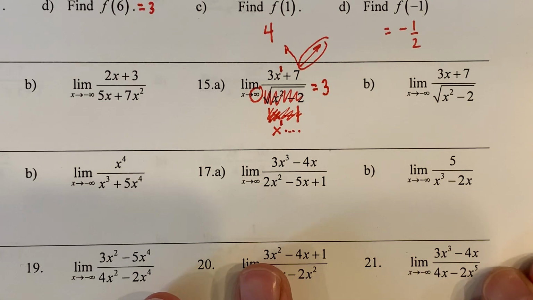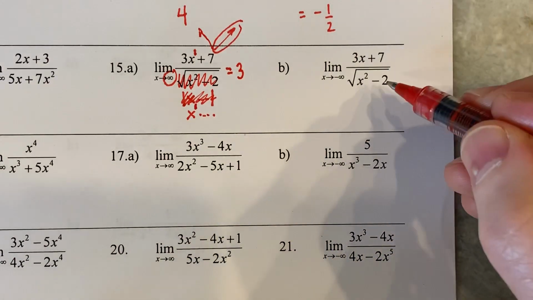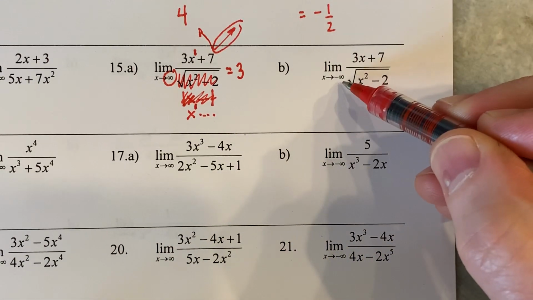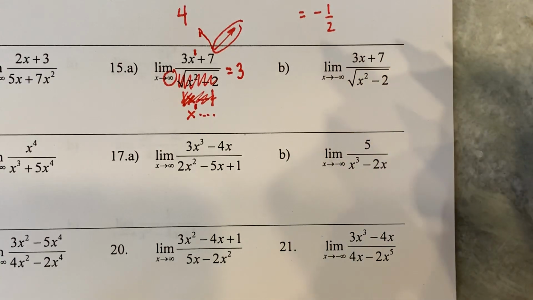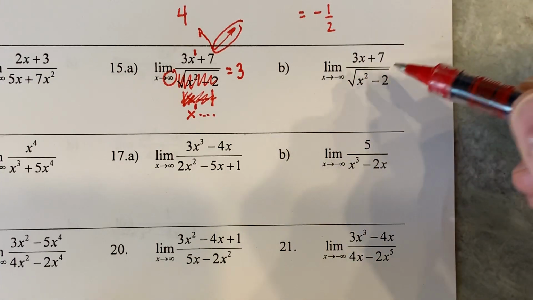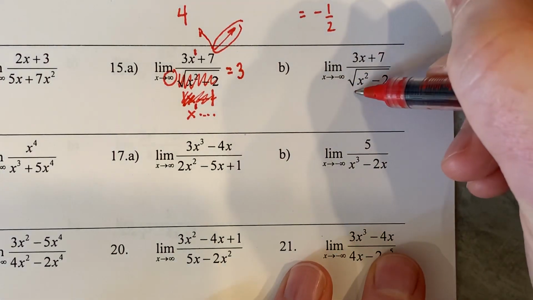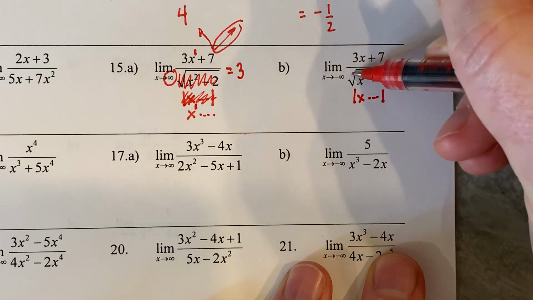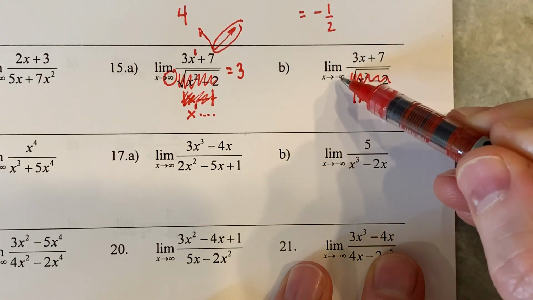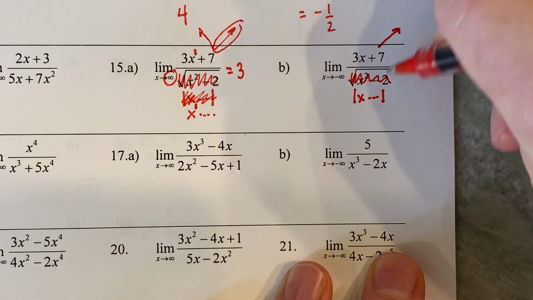Now, look at the same problem with negative infinity. So part B, same thinking. I have this square root of x squared. I want to use my rules on horizontal asymptotes, but it's just not a rational function. So what is the square root of x squared? Well, it's the absolute value of x something. But if I'm going to negative infinity, that would not be the unchanged part of x.